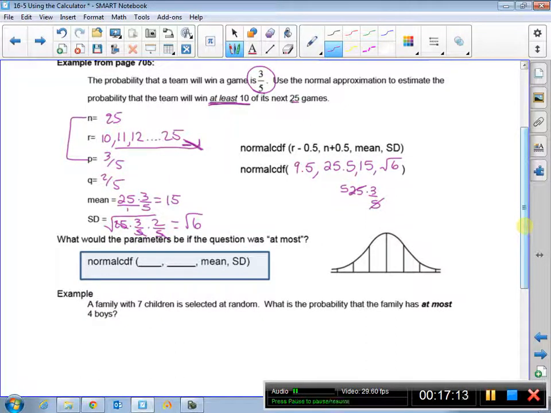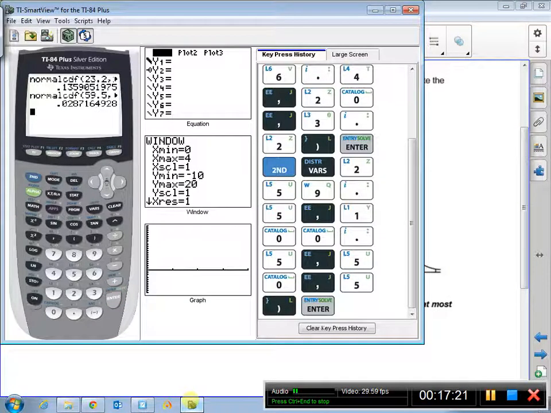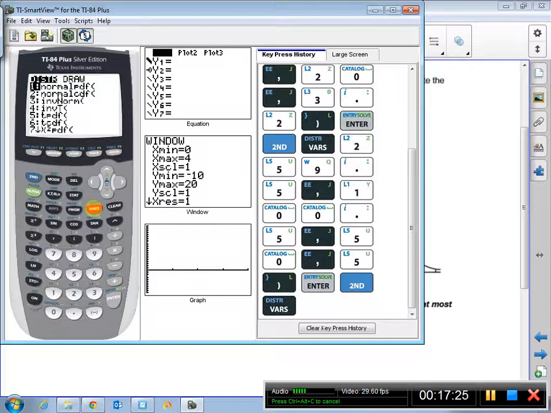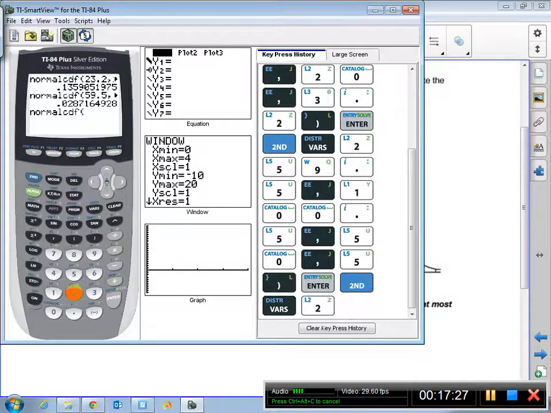So, back to the calculator. Let's give this a shot. Second distribution, normal CDF, choice 2. And the low was 9.5.